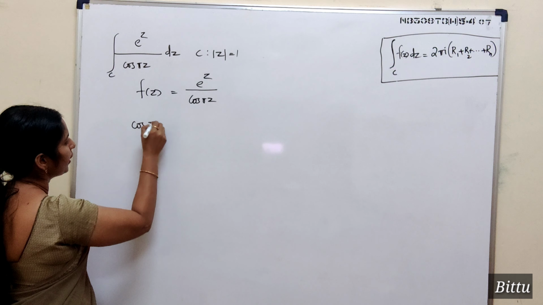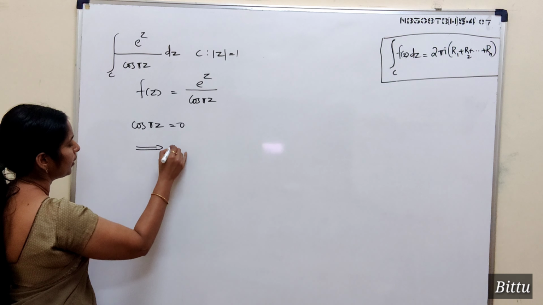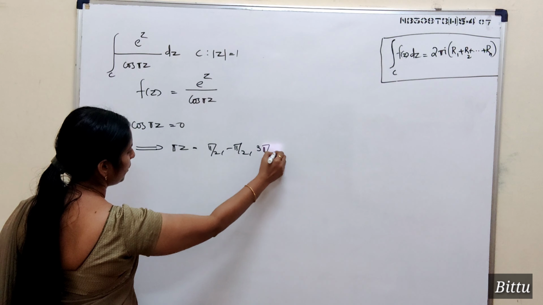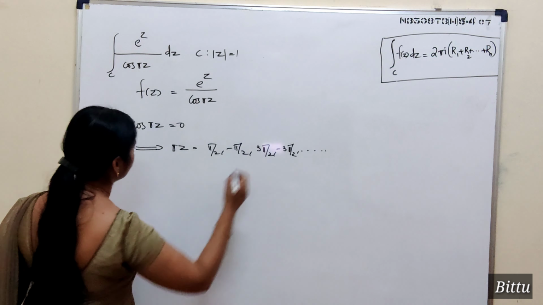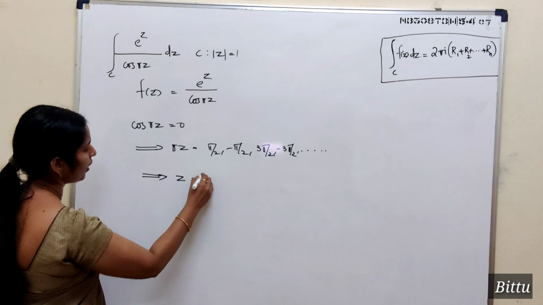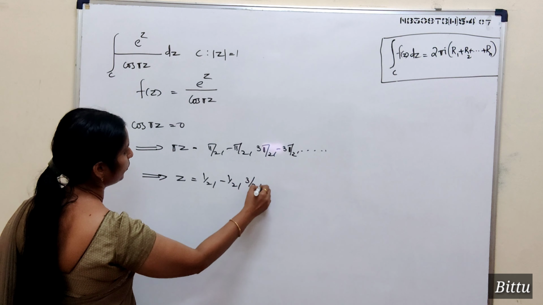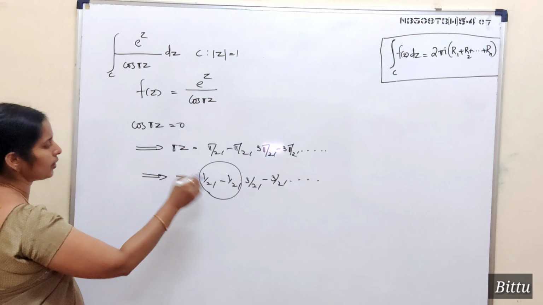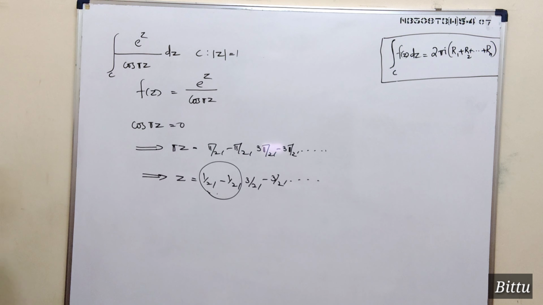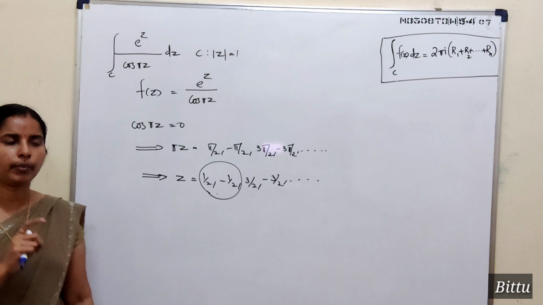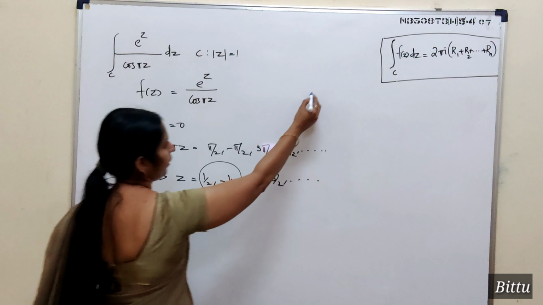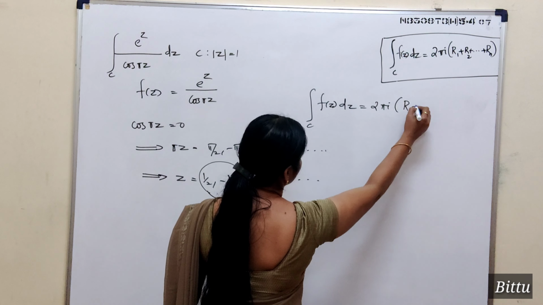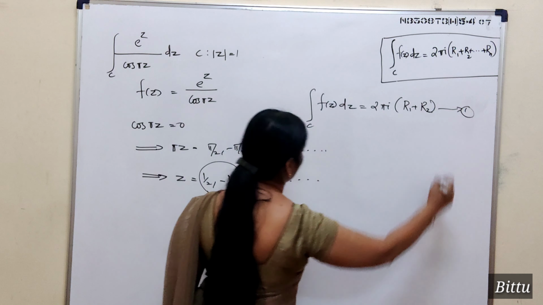Its singularities are given by cos pi z equal to 0, which implies pi z is pi by 2, minus pi by 2, 3 pi by 2, minus 3 pi by 2, etc. So what is z? z is half, minus half, 3 by 2, minus 3 by 2, etc. See, clearly among these singularities, these two singularities are within our C. Since two singularities are within C, by residue theorem, integral over C f z dz is 2 pi i into R1 plus R2. That is equation number 1.